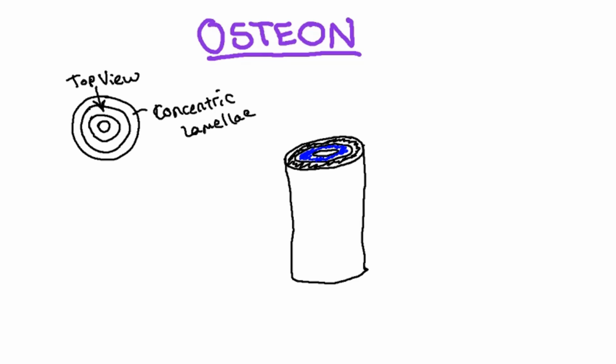And then in the center of these sheets of lamella that are wrapped around each other, this concentric lamella, there is a central canal. There's an opening, a space in the very center where the lamella have quit making their concentric rings.